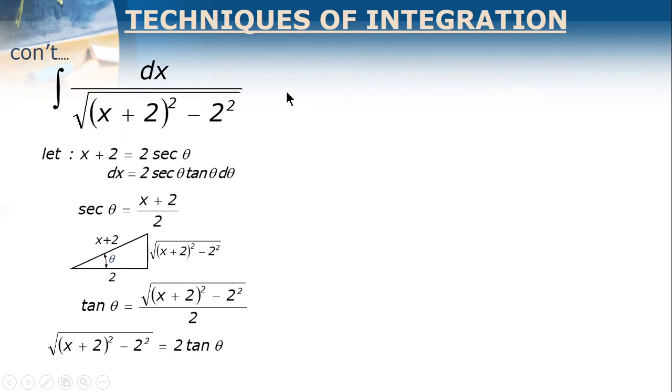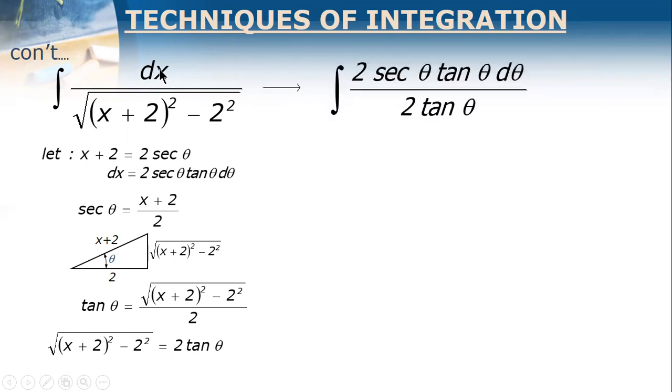So let's substitute. dx is 2 secant theta tangent theta d theta, while the square root of x plus 2 squared minus 2 squared is simply 2 tangent theta. Cancel the tangent and the 2 also.